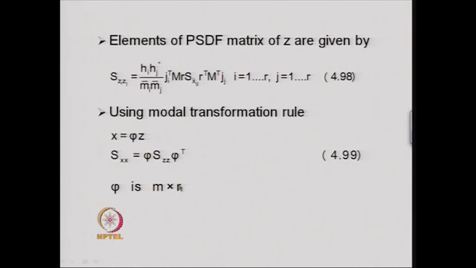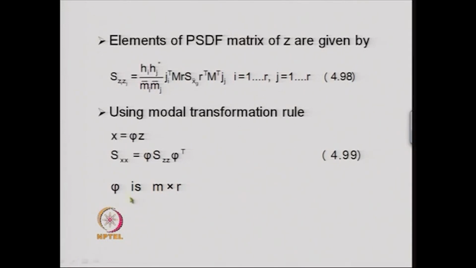Then after we have obtained S_ZZ, we can obtain the power spectral density function matrix of displacements in the structural coordinate using this formula. It comes from the above relationship, that is x is equal to phi z, and if it holds good then S_xx will be equal to phi S_ZZ phi transpose. Many a time we do not take all the modes into consideration. For example, here we are considering the modes 1 to R, where R is less than the number of degrees of freedom.